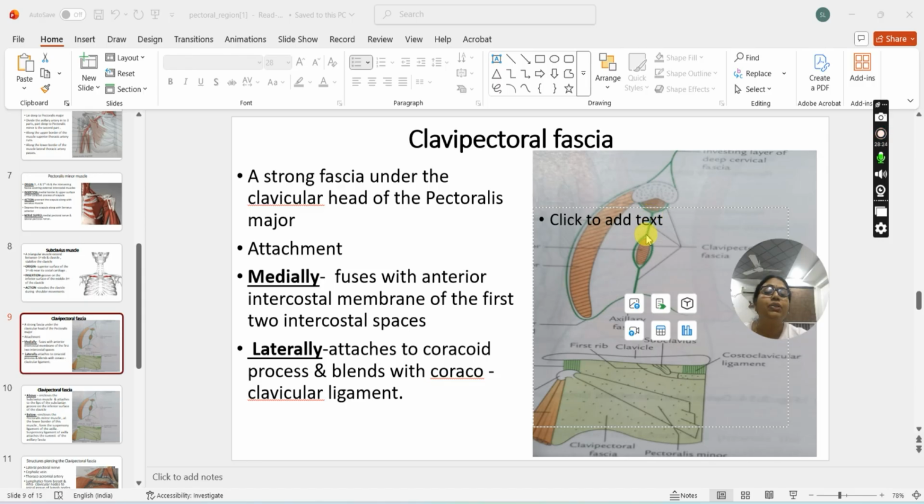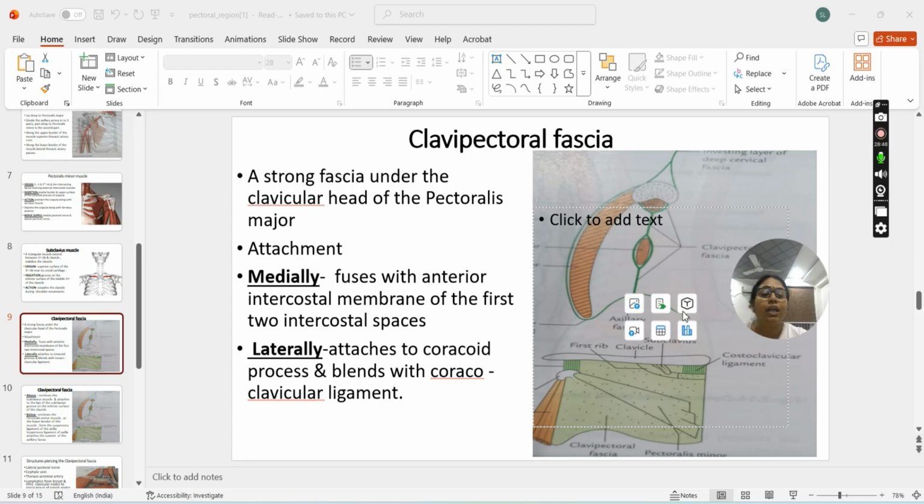As it sees the pectoralis minor, it feels like it should cover that too, so it splits again to enclose the pectoralis minor. Below the lower border of the pectoralis minor, it again becomes a single layer, descends downwards, and reaches the axilla, where it continues with the axillary fascia.